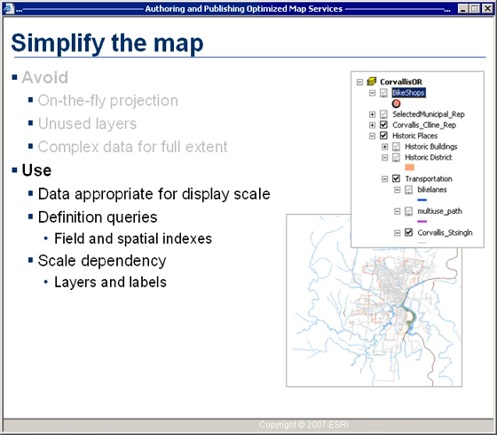So be sure to use data that is appropriate for the scale being displayed. You might find definition queries helpful to accomplish this. The use of field and spatial indexes will help in the data retrieval for any queries being performed on the data. The application of scale dependencies to turn layers on and off or to control their rendering is a great technique for features and labels alike.